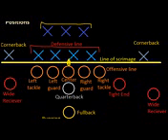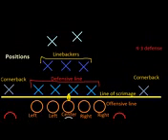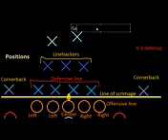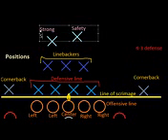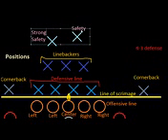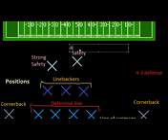And then these 2 guys back here, usually pretty fast guys, are the safeties. Sometimes you'll have what is called a strong safety, and the other guy will be what is known as a free safety.